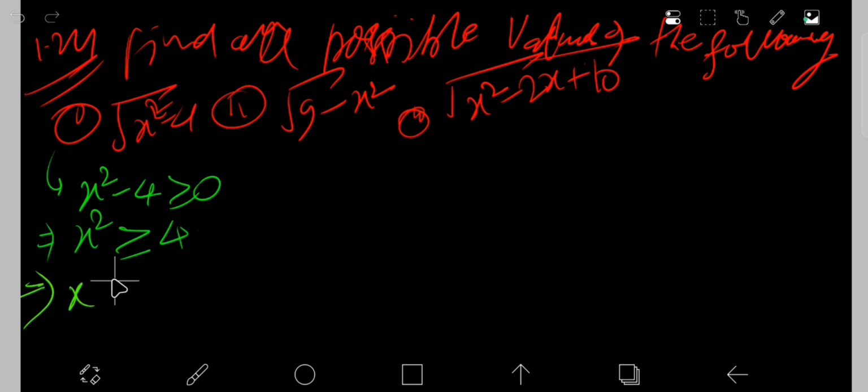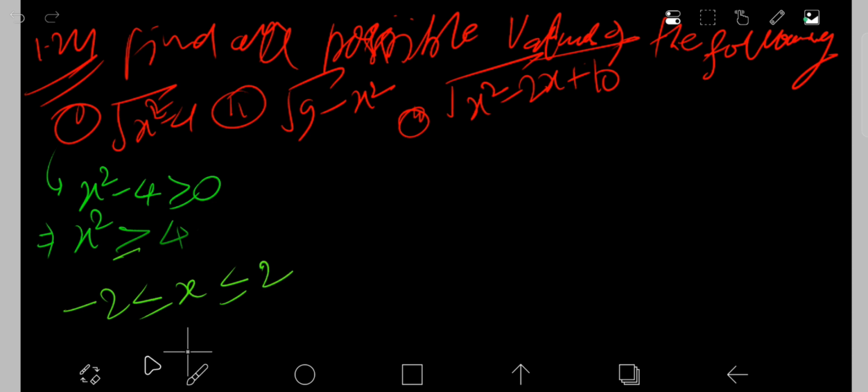So x is greater than or equal to plus minus 2. Here is the equality sign, and this one is greater than or equal to x. When we are squaring both sides, this gives 2 and 2 now.